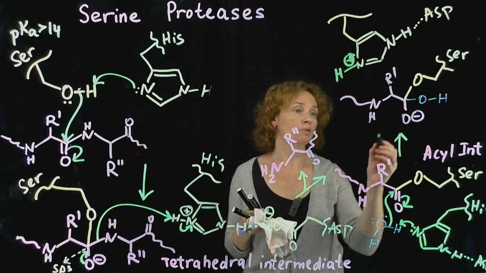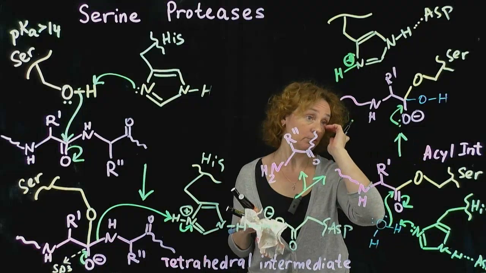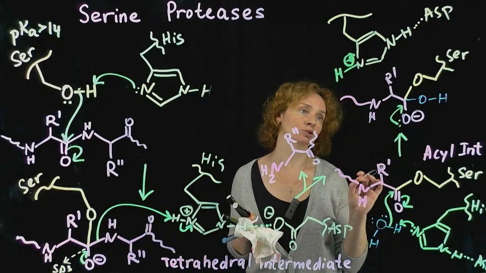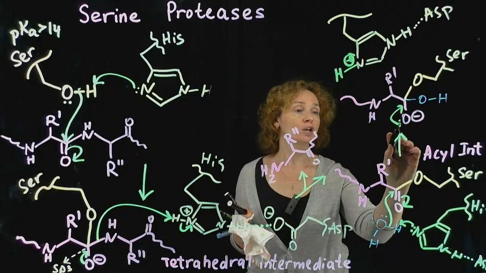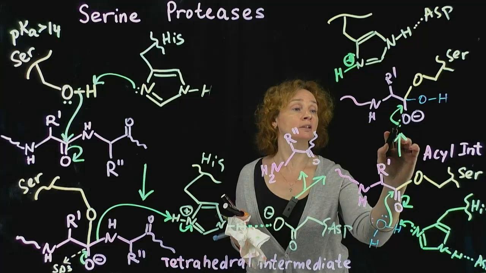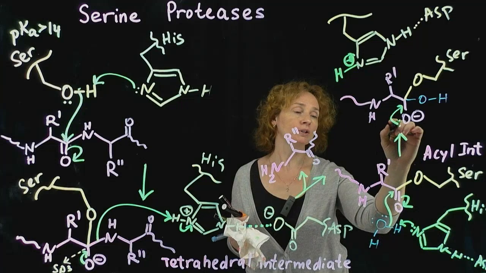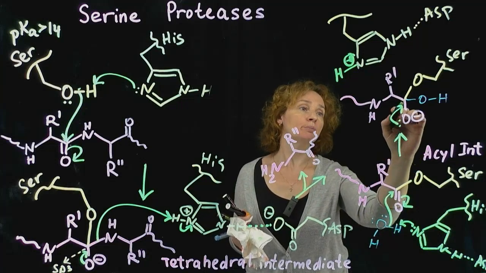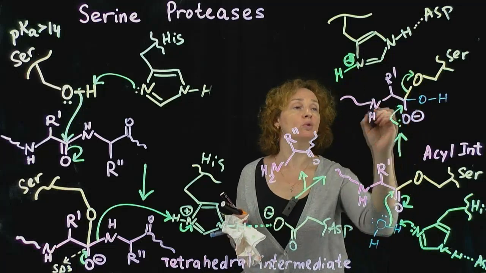So what happens now? Again, here we have an unstable, even though stabilized by binding to the oxyanion hole, tetrahedral intermediate. So this oxygen and its lone pair of electrons here will tend to reform the pi bond, and so we are going to break one of the CO bonds.